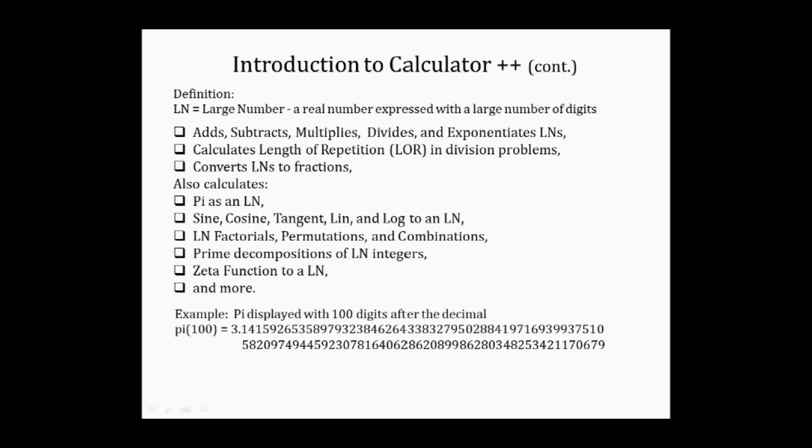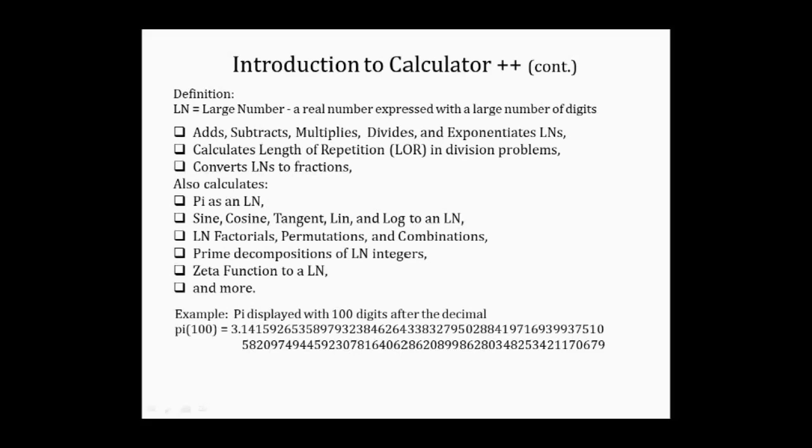However, there are some people, mostly mathematicians I suspect, who would like to view the results of their calculations to a very large number of decimal places. So in addition to the previously listed capabilities, Calc Plus Plus handles most all basic math operations to a user-defined number of decimal places or digits.